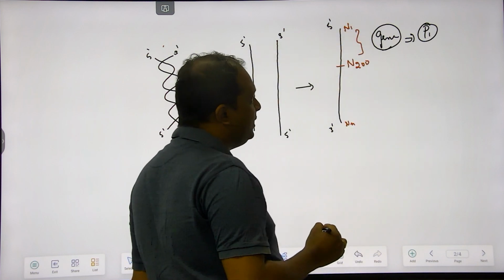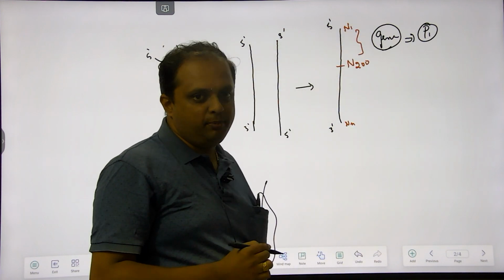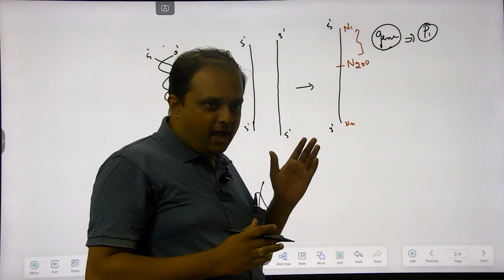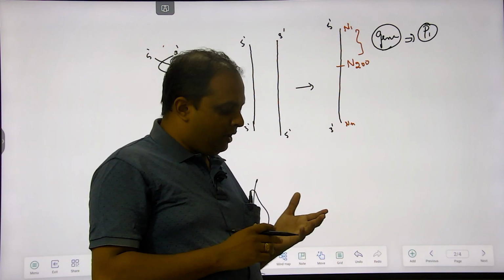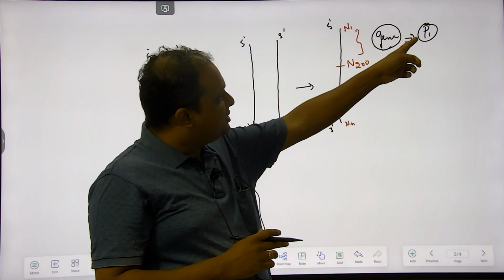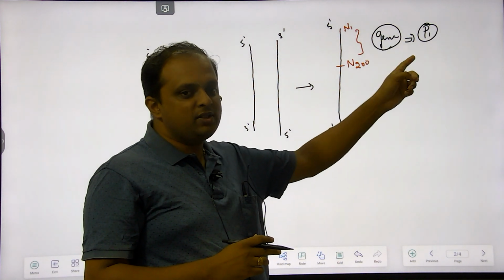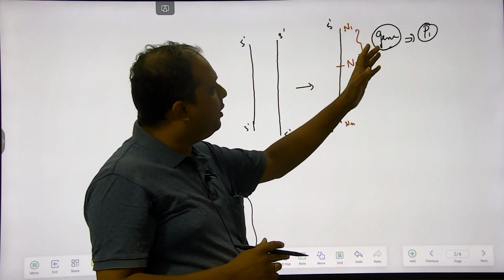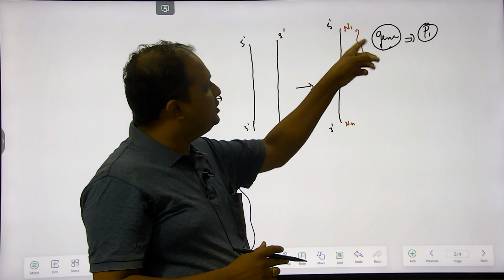It is going to contain information for the specific protein P1. What information? Just now we talked about how many amino acids P1 has and what the sequence of the amino acids is. That is the information that the gene is going to have.